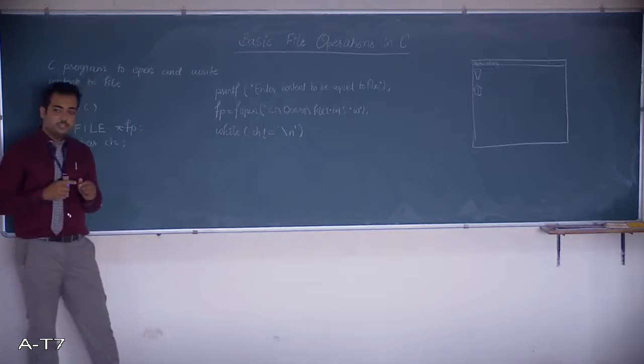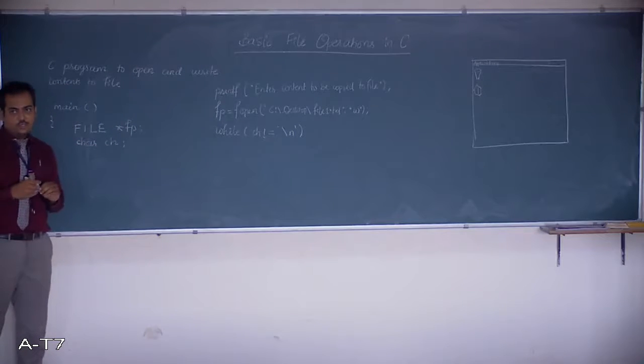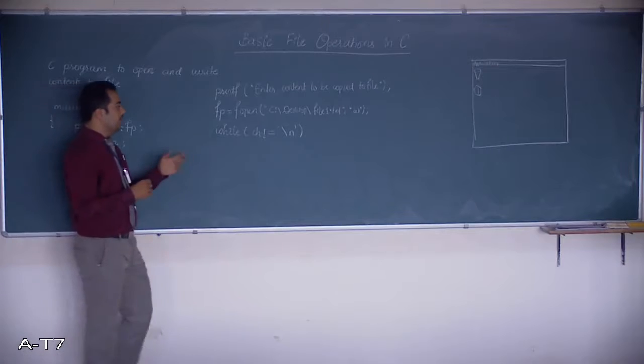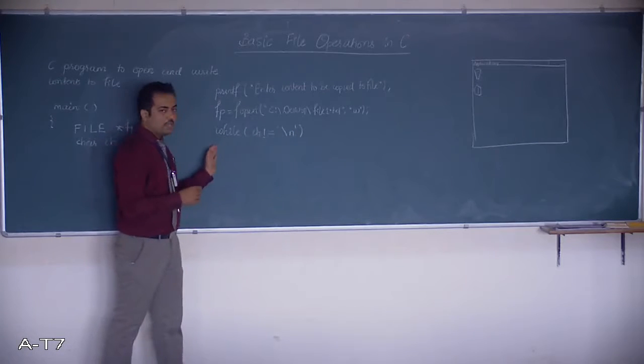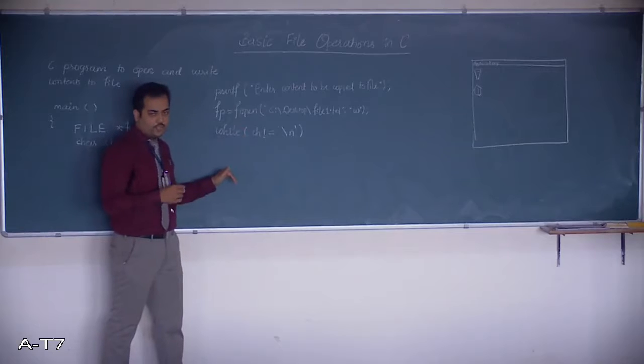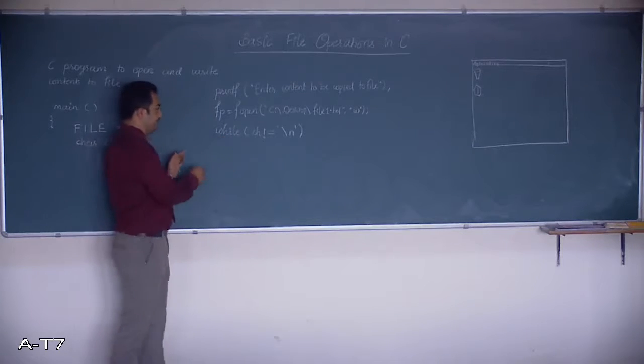Before the loop begins, there is nothing in ch. That nothing is not equal to new line, so the condition still holds true and you are still able to enter the loop. Or otherwise we can replace this loop with do while.